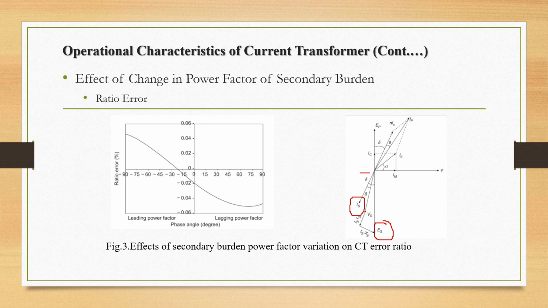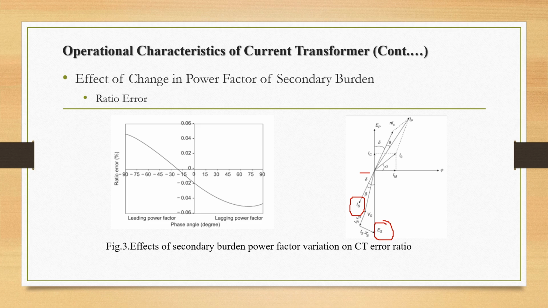And if it is leading, that means it is a capacitive burden, then the secondary winding current will lead the secondary induced voltage ES. As a result, the transformation ratio may be less than the turns ratio, and then as a result, the ratio error may become positive.